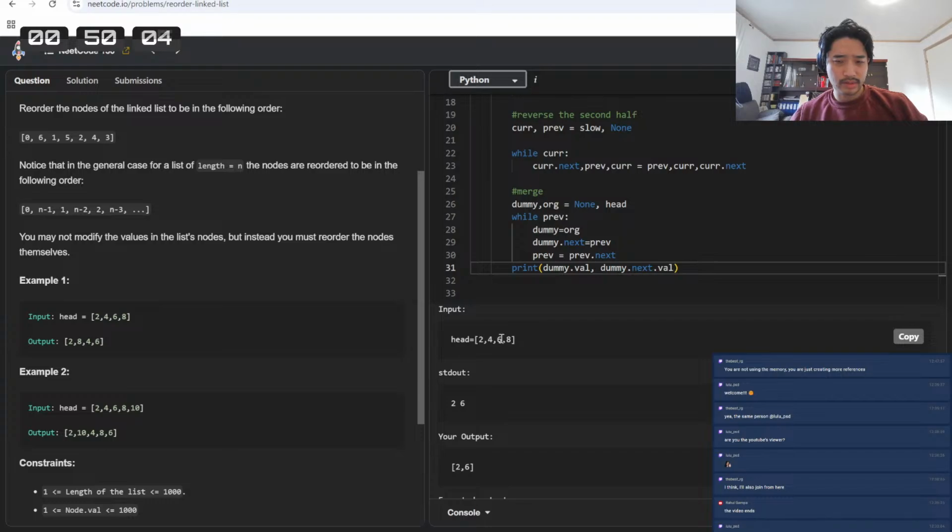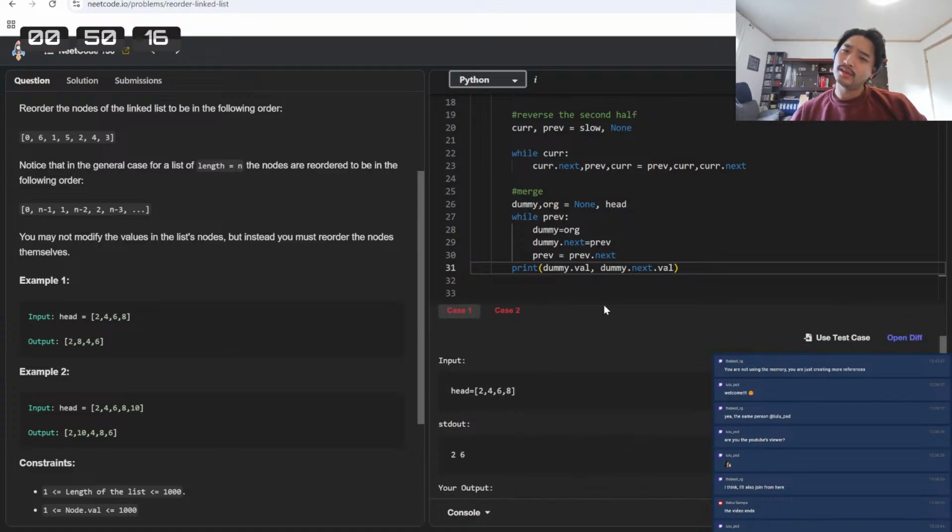Yeah, this is not what I wanted. It should be 8. I would assume the next one will be 4, just to ensure. Why is this so hard?